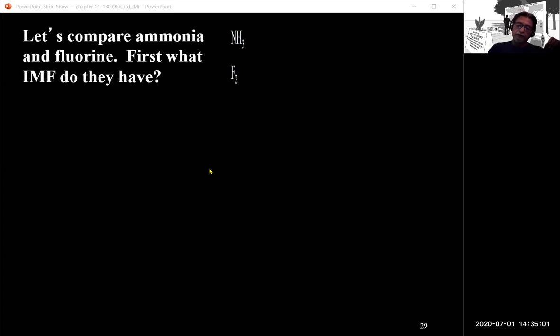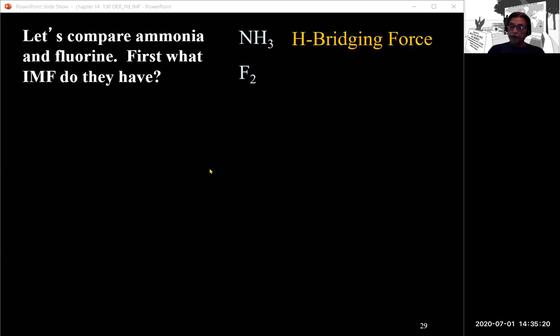Okay, and so ammonia has that particular formula, NH3. We wrote the Lewis dot structure for this before, and we have a lone pair on the central atom of nitrogen. Therefore, it is very polar. Fluorine, diatomic, very nonpolar. And so for ammonia being polar, plus you got hydrogen bonded to nitrogen, its force is hydrogen bridging.